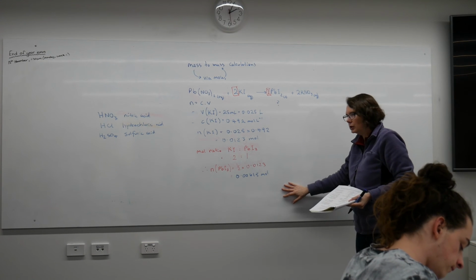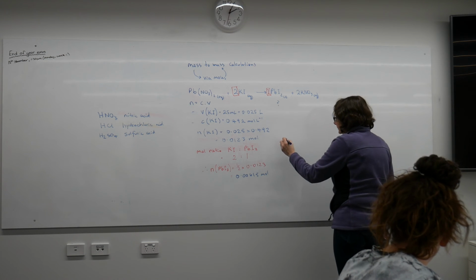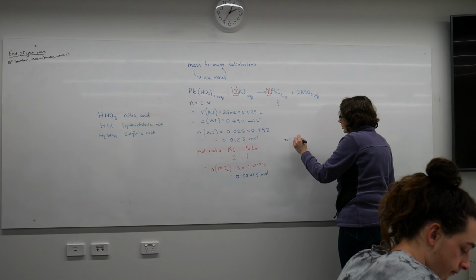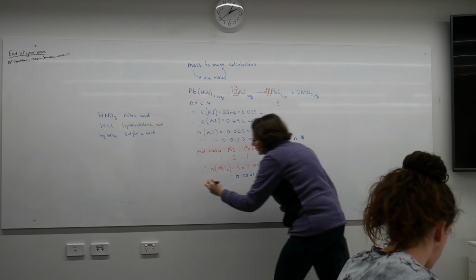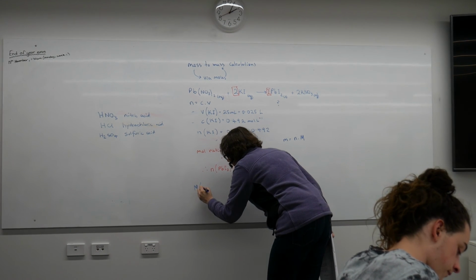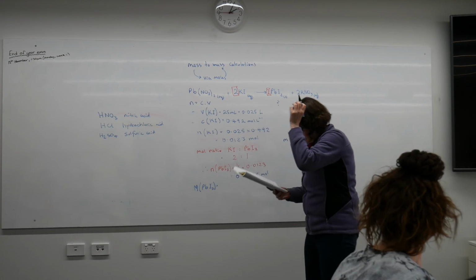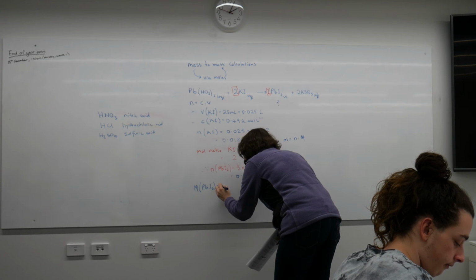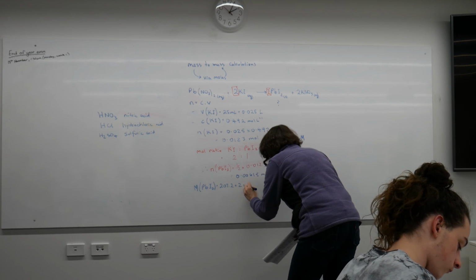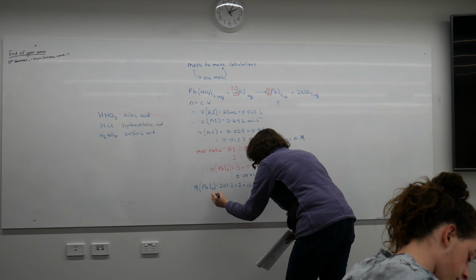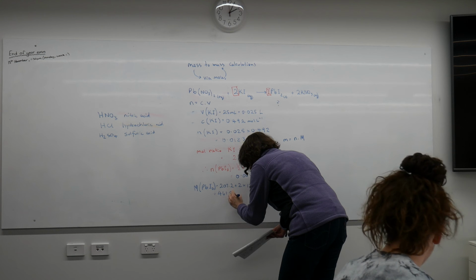And this is pretty straightforward again, but now we wanted to find a mass. The sample mass will equal the moles times the molar mass. So we're going to need to determine the molar mass of lead iodide. It's 207.2 plus 2 times 126.9, 461.0 grams per mole.